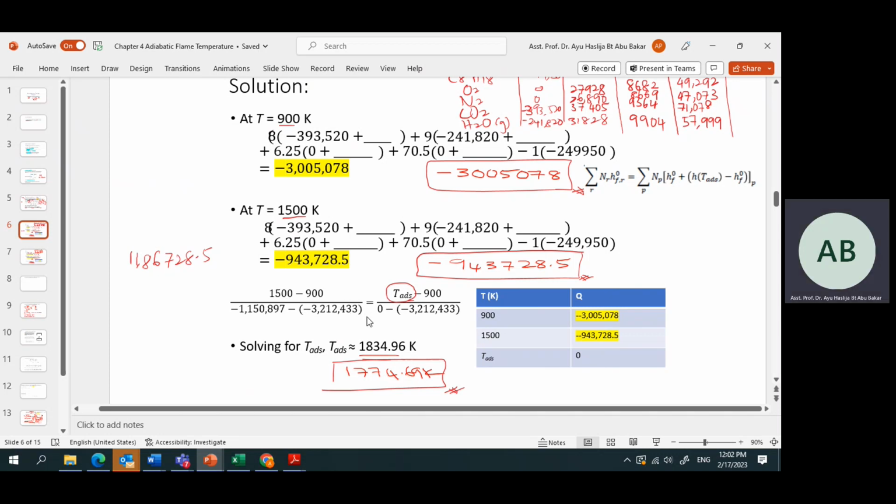Input all the known figures, and from here you'll get your T adiabatic is around this figure, 1774.